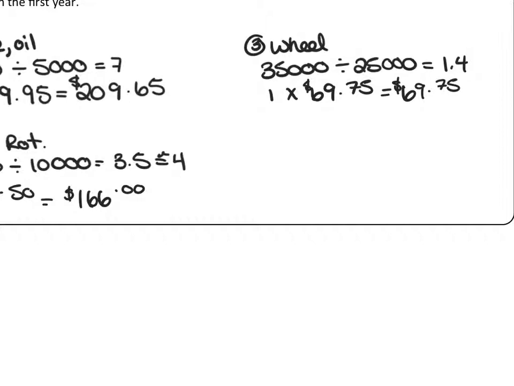Now, if you're looking at it, the cooling system, tune-up, and emission control, and the automatic transmission are all over the 1 year. You can take some of that cost into account. Like maybe you want to say that for your cooling system, I'm going to save half of it for this year and half of it for next year because it seems like I'm going to do it once every 2 years.